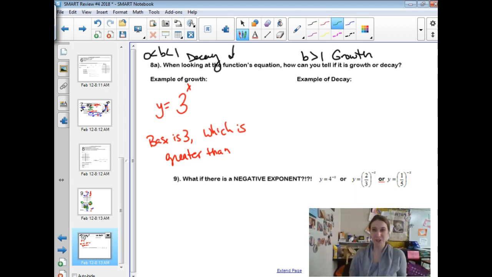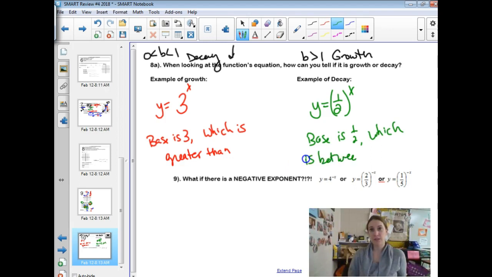So watch out. Example of decay, how about 1/2 to the x power? So the base is 1/2, which is between 0 and 1. That's a gross writing.